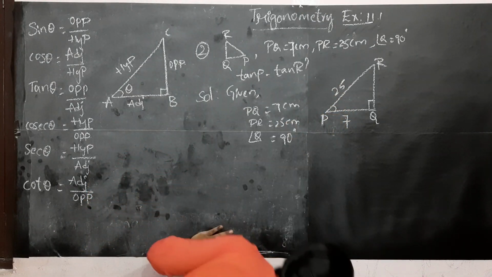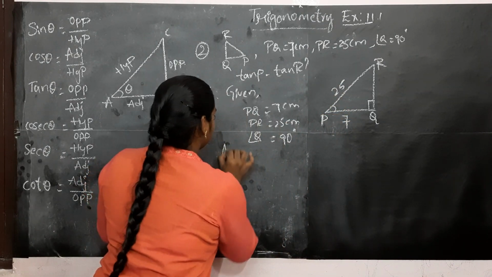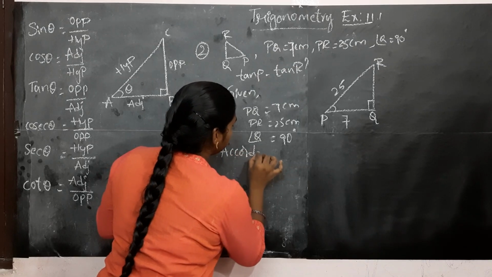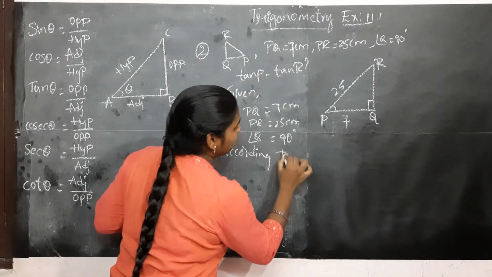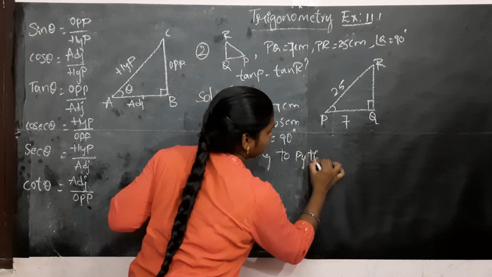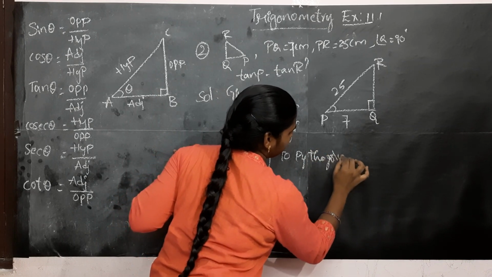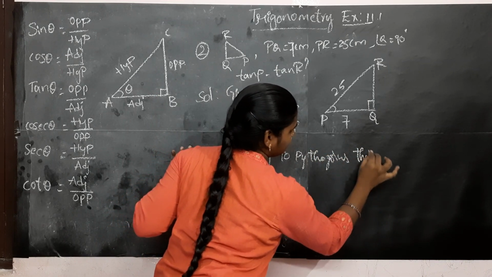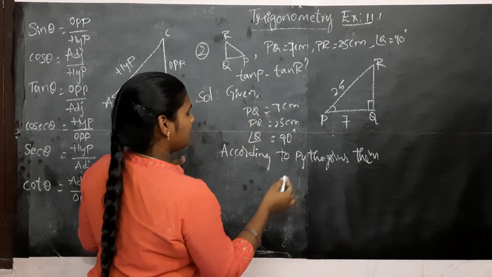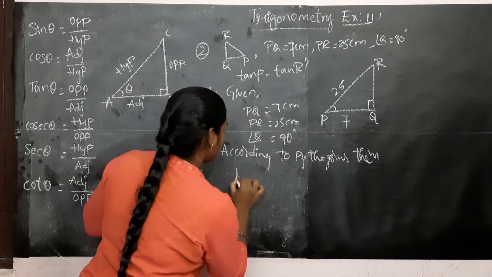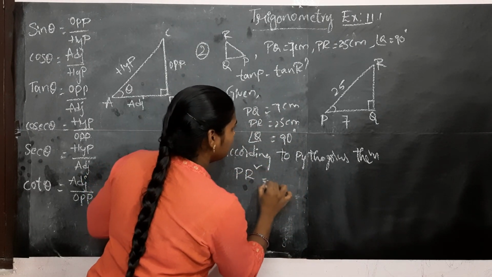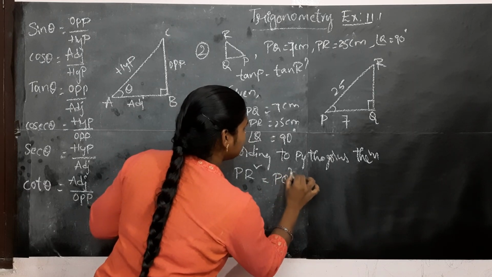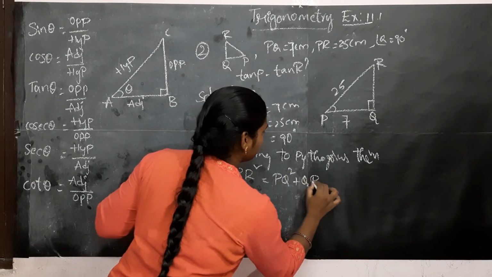We have Pythagoras theorem. According to Pythagoras theorem, PR square is equal to PQ square plus QR square.